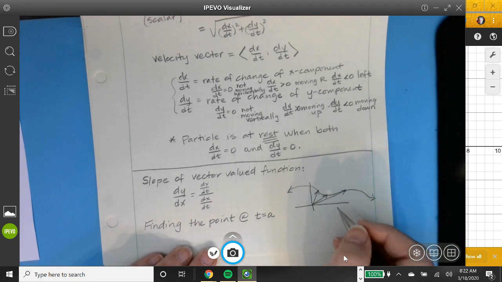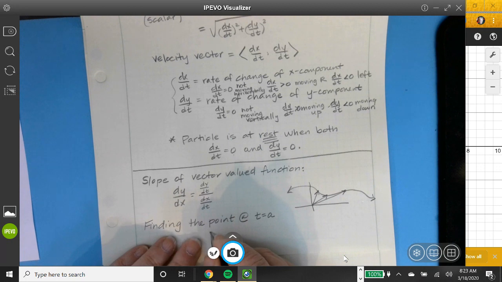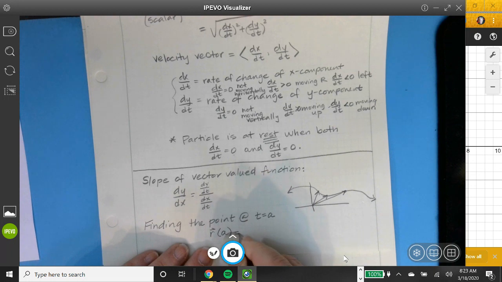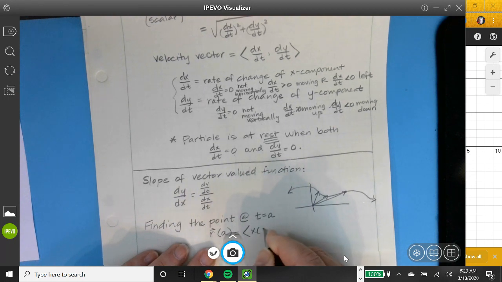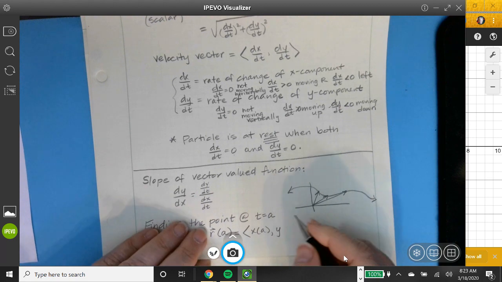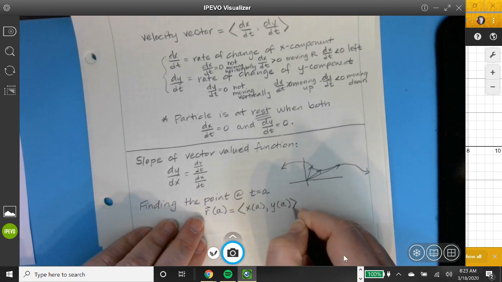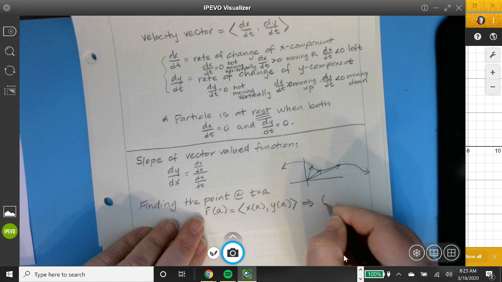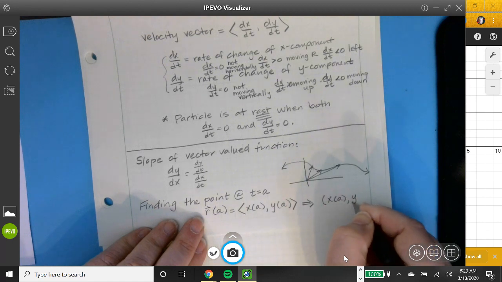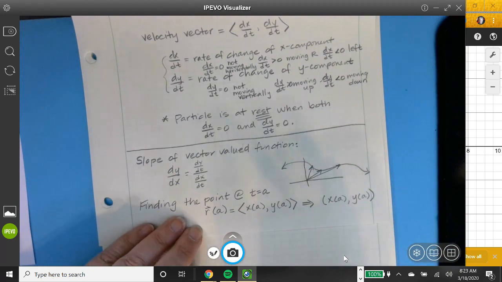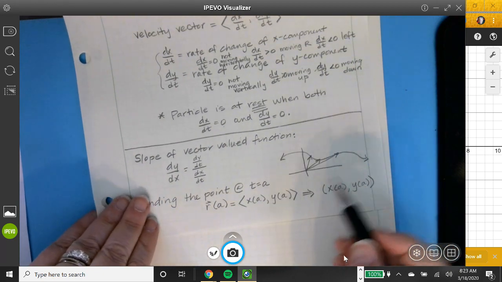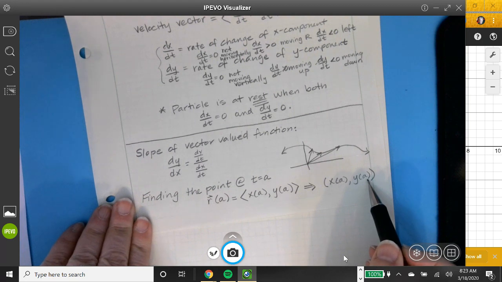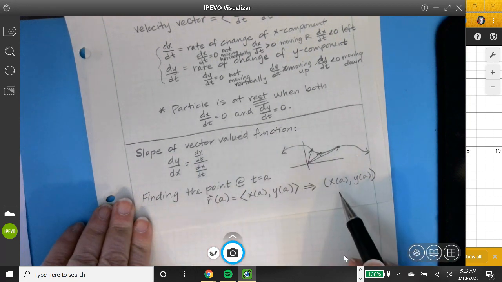So if I want to know what the point is at t equals a, I find the position vector at t equals a, and that's just going to be x(a), y(a). That means it's pointing to the point (x(a), y(a)). So if I wanted the tangent line, I would just say y minus y(a) equals the slope, whatever we calculate, times x minus x(a). And that's how I'd find the tangent line.